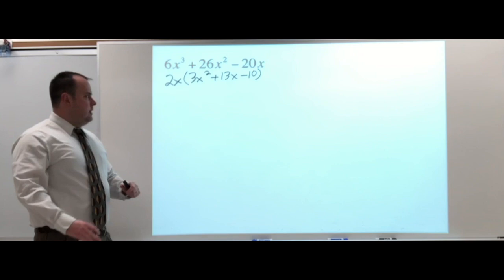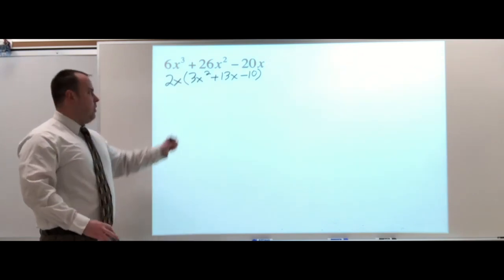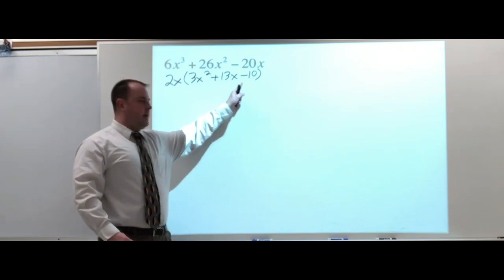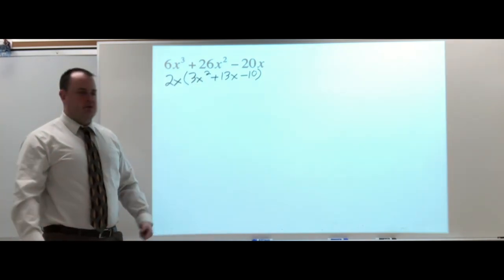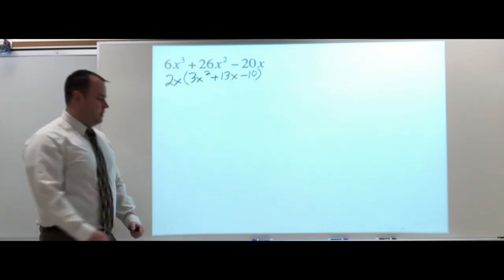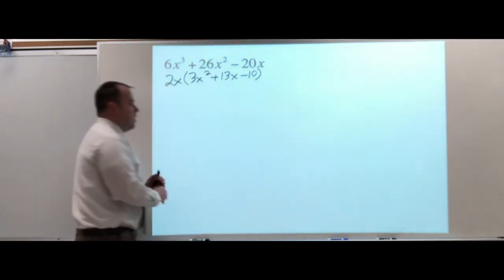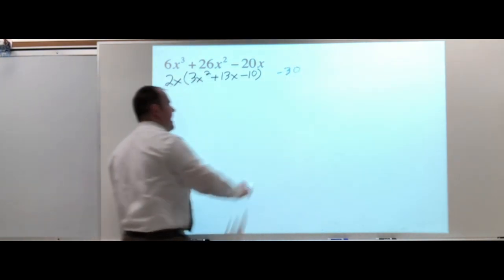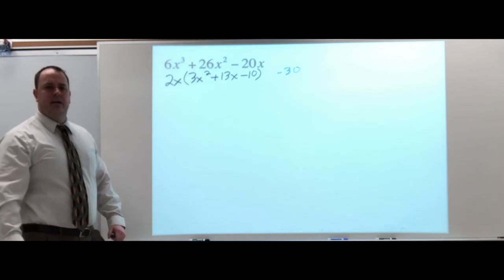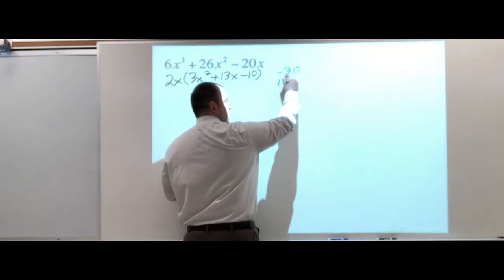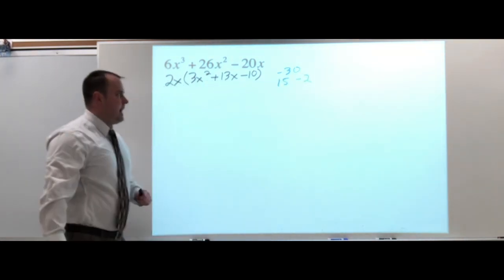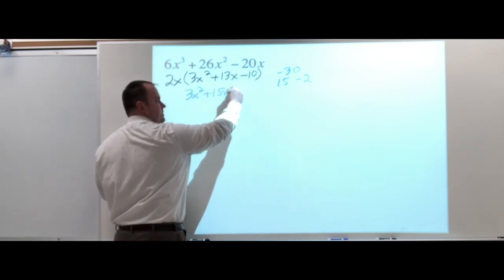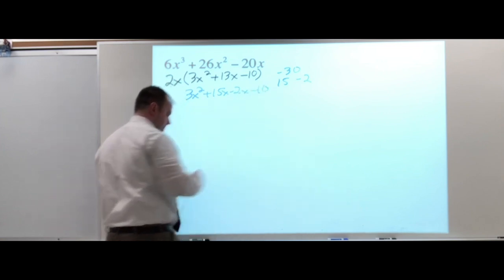Not completely make it disappear, but just for right now, all we want to look at is what's inside the parentheses: 3x squared plus 13x minus 10. There are 3 terms, so I'm going to try to do a trinomial into 2 binomials. I'm going to do the work: multiply my a times c, which is negative 30, and 15 and negative 2 gives us our 13x. 3x squared plus 15x minus 2x minus 10.